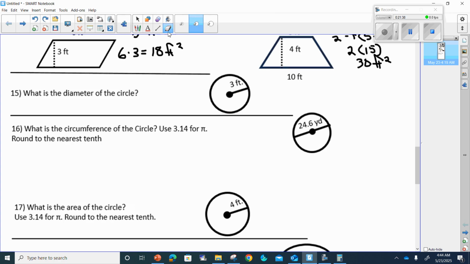So since we've given the radius and we know diameter is twice the radius, we take 3 and multiply it to 2. That tells us the diameter is 6 feet.